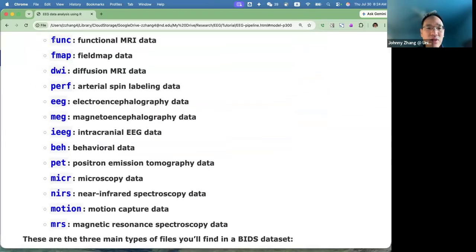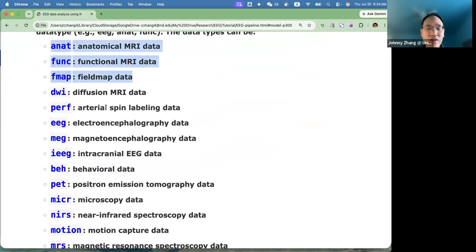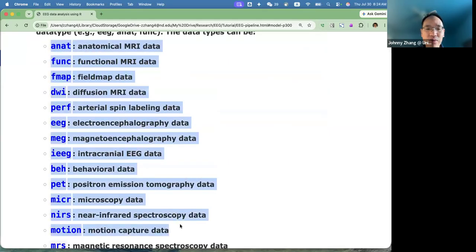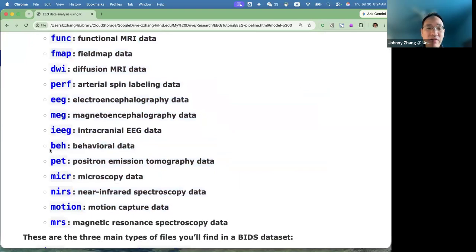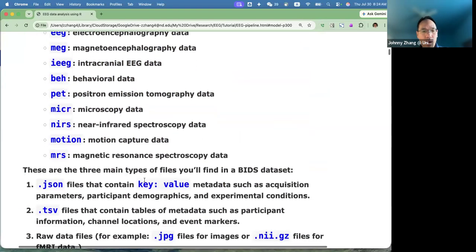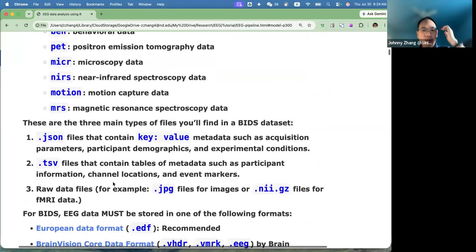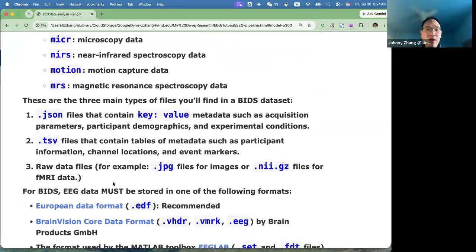Notice that those are all different kinds of neural imaging data we can use, and we can also have behavior data too. Oftentimes you will see these types of files. Previously we talked about folders, and for the files you may have JSON format data files.